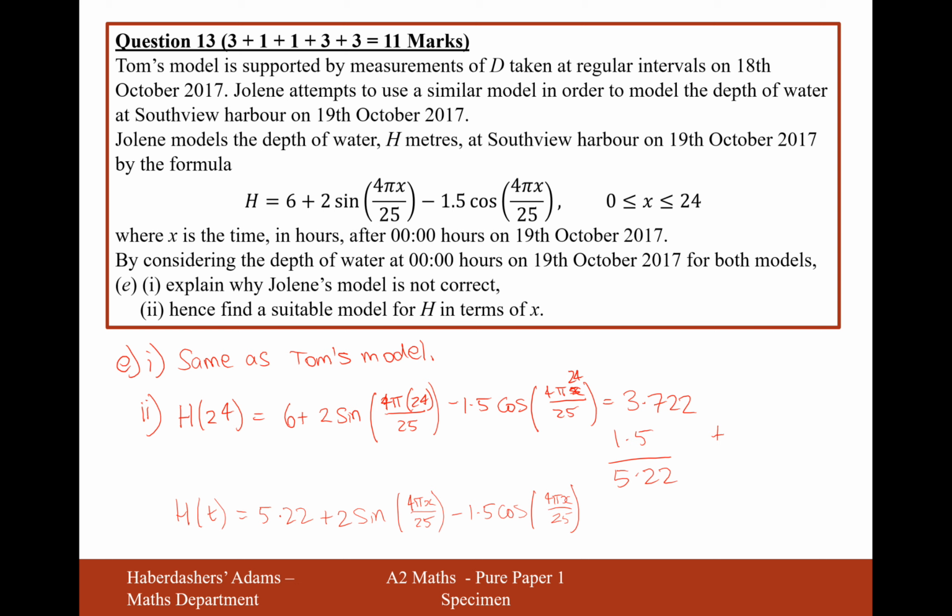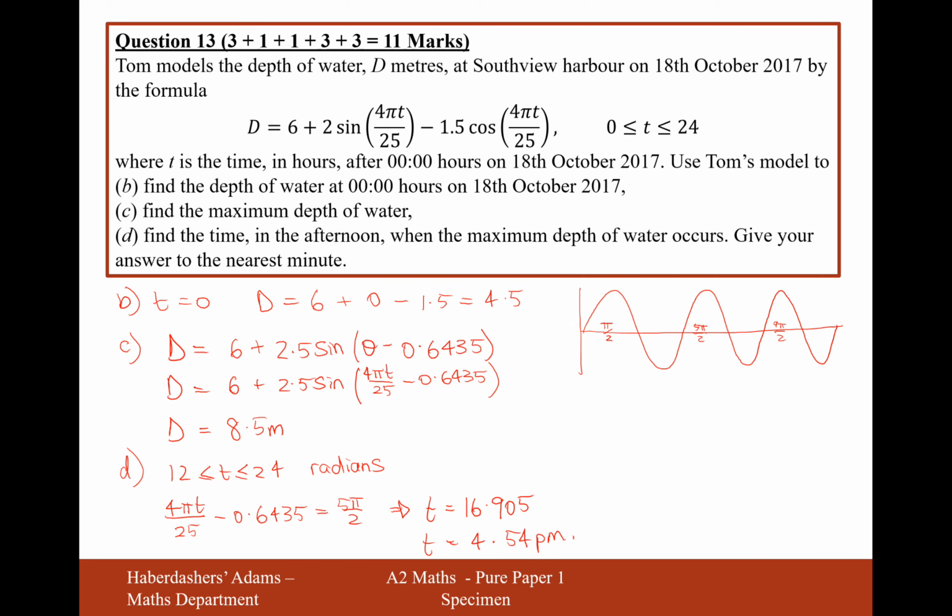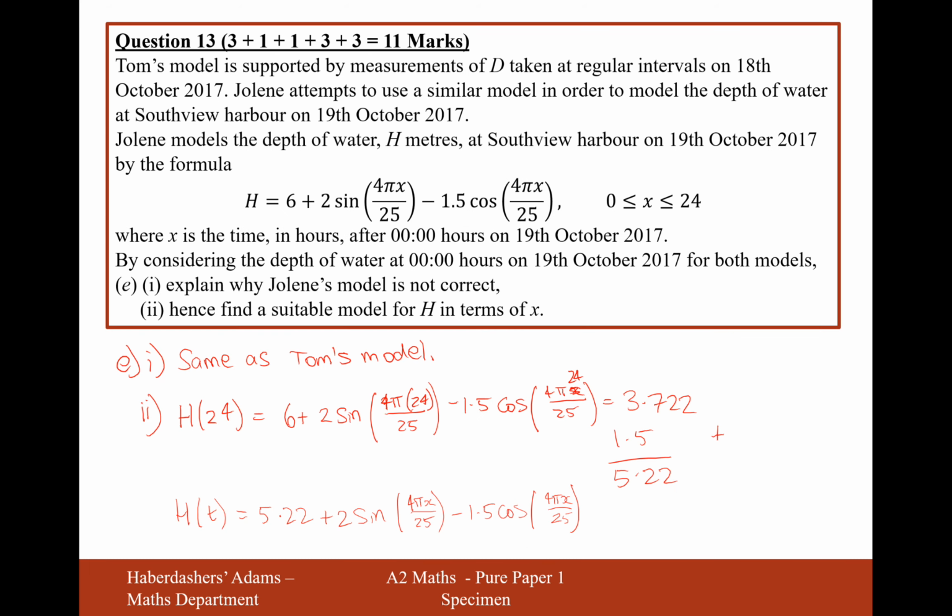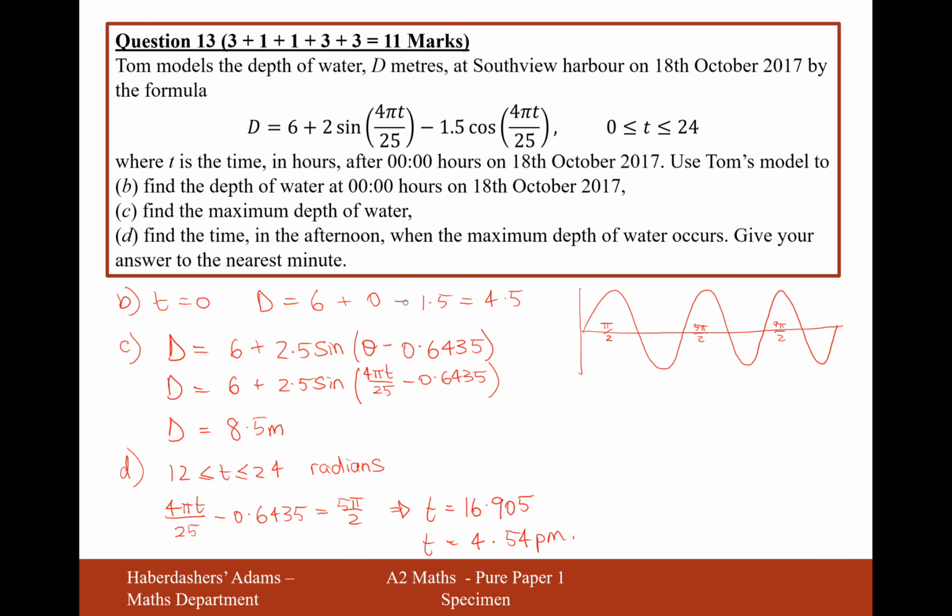It should be 5.22 at the front there, because that will help it match up with Tom's model and Jolene's model, by the fact that 24 hours after Tom has done his model, the depth of the water should match up with Jolene's model. The reason we've had to add on 1.5 there is because when we plug in 0 into Tom's model, we had to take away 1.5 to get the substituted 0 value of 4.5, which will give us 6.